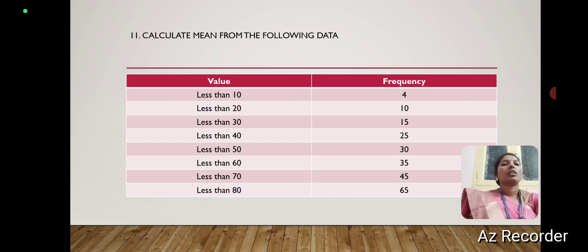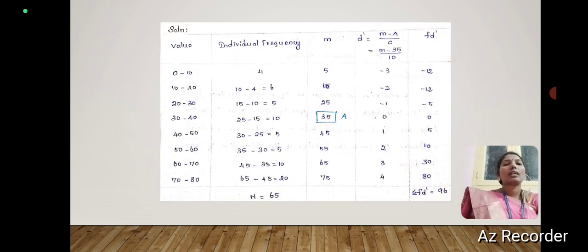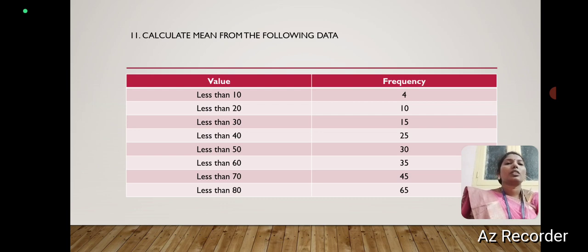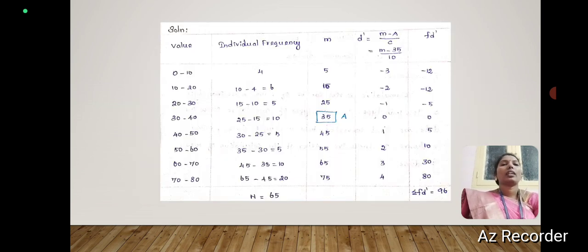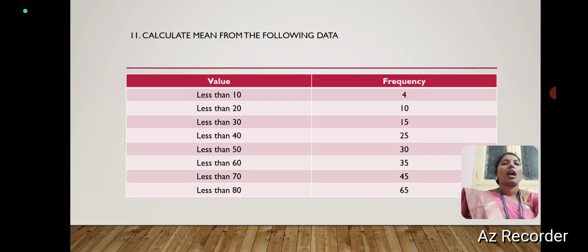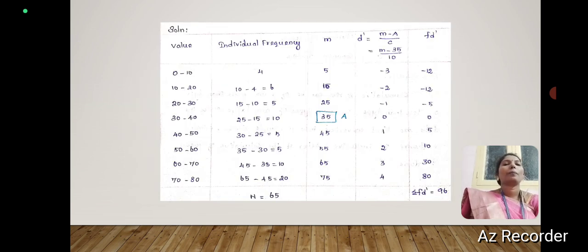The first frequency given in the problem is 4, so we take 4 as it is. For the second frequency, we subtract the first frequency from it: 10 minus 4 gives 6, and the next is 15 minus 10, which gives 5.